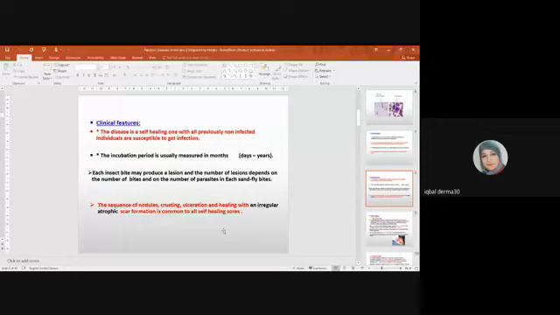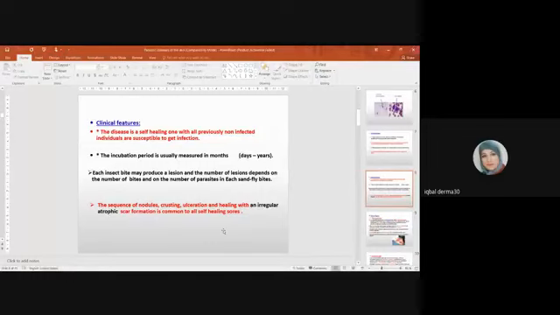Now you have to concentrate on the clinical features. There are general notes. First of all, it is a self-healing disease. The incubation period varies from person to person. Also, the number of lesions depends on the number of bites and the number of microorganisms within each bite.